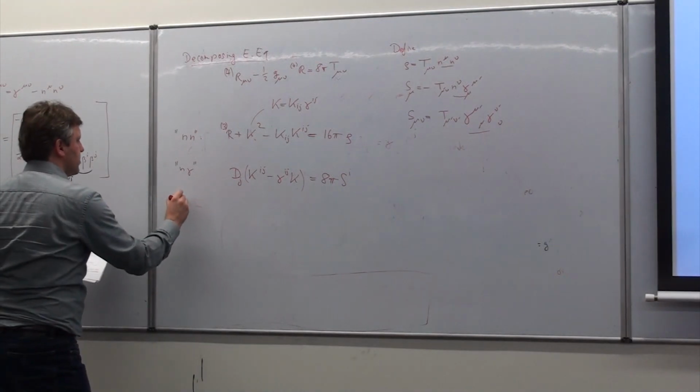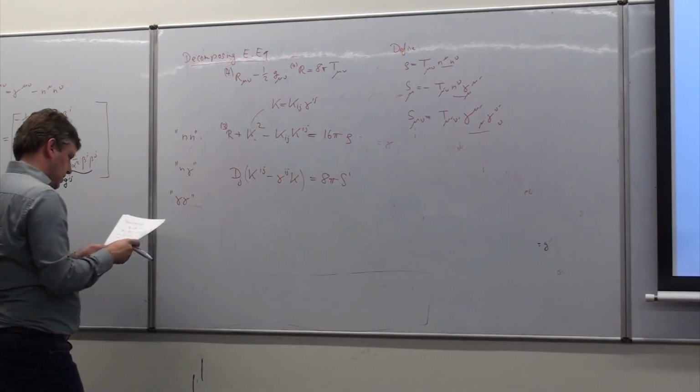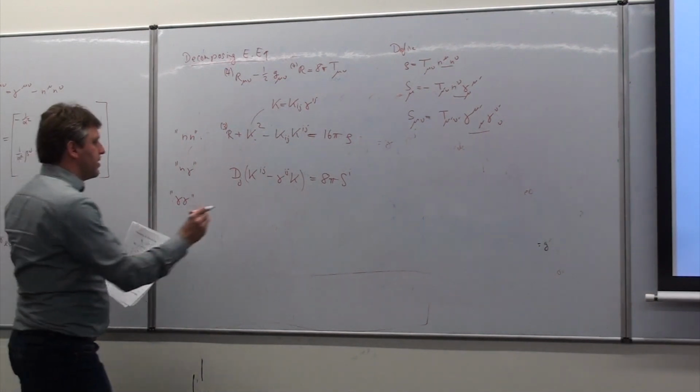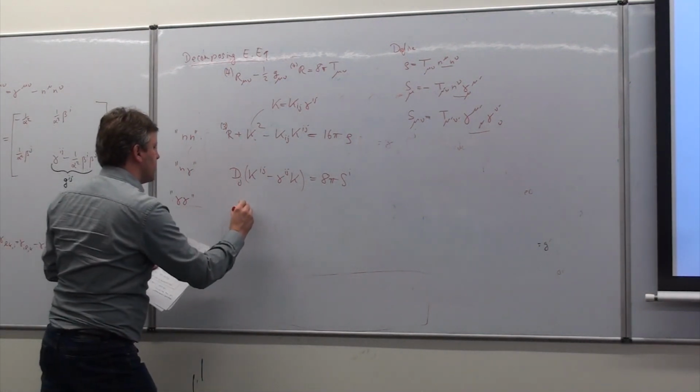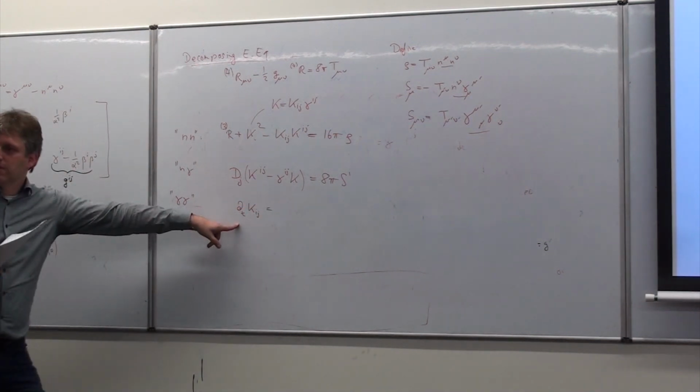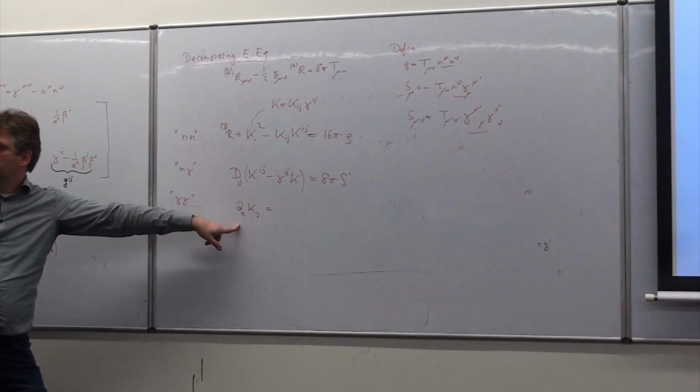If you take two gammas, you find an equation that has the time derivative of K_ij. So this is where the second time derivatives show up that I pointed out just before the break.